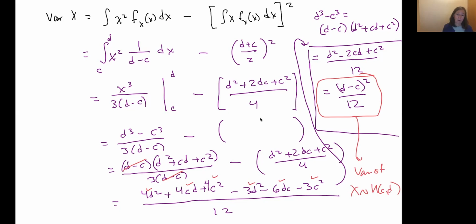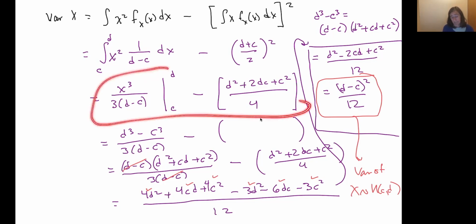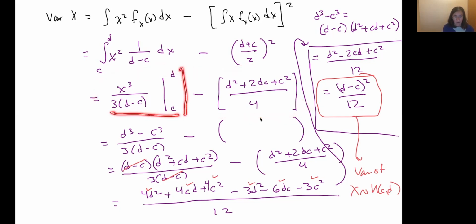The uniform random variable is a nice one in that the integrals are easy, and all it is is going through the same basic steps: taking the integral, and then substituting in the values to make it a definite integral, a number. And then everything from here on down was just algebra to put it into a nice, pretty form, which is what we get.